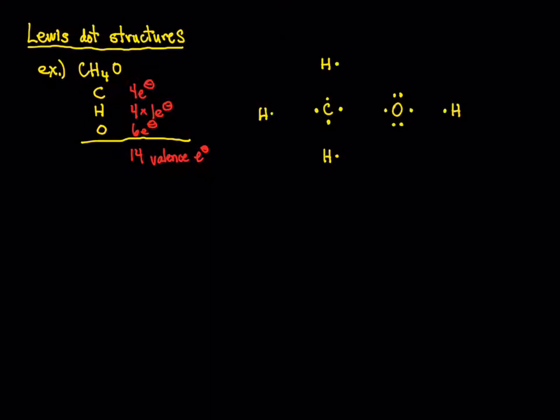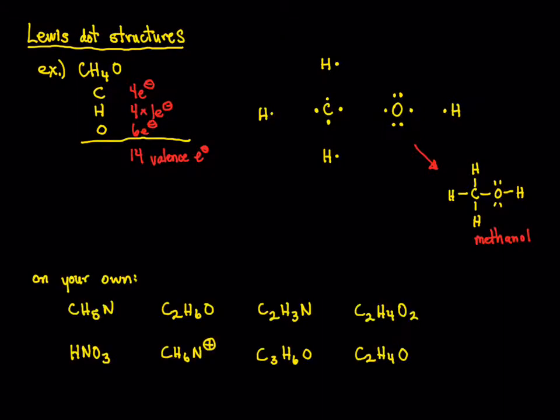In the case of this molecule, methanol, the carbon atom will make single bonds to 3 hydrogens and an oxygen atom, while the oxygen will have single bonds to carbon and hydrogen with 2 lone pairs. You should try to draw Lewis structures for the following molecules on your own. Pay close attention to the number and type of atoms and the overall charge for each molecule.